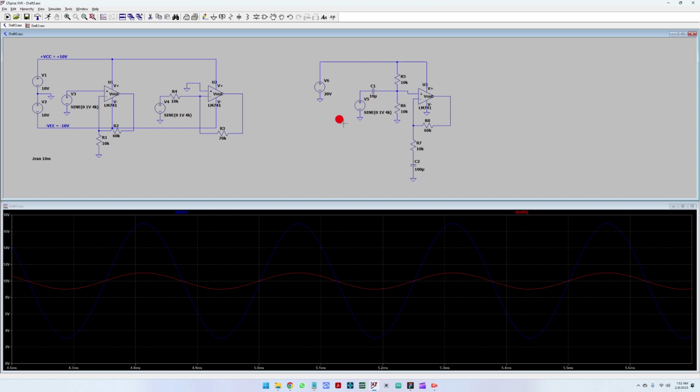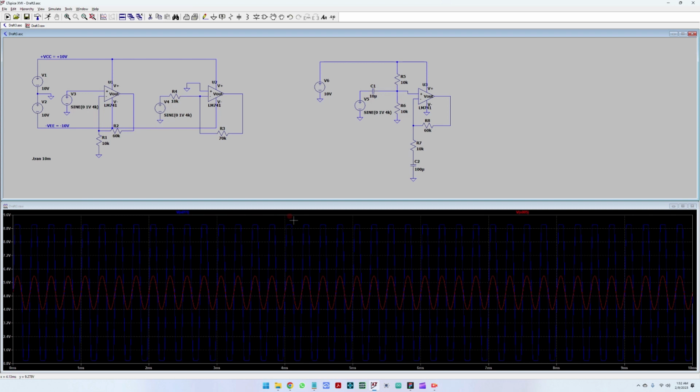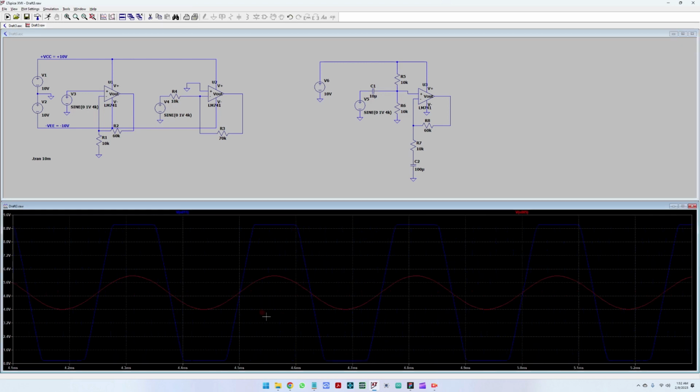One last thing before we go into the challenge. If we went with the 10 volts, the operational amplifier cannot create the voltage levels here. So it's going to cut the signal or saturate the operational amplifier. This is how a saturated amplifier looks: it is trying to amplify the signal, but it has reached the maximum it can go.